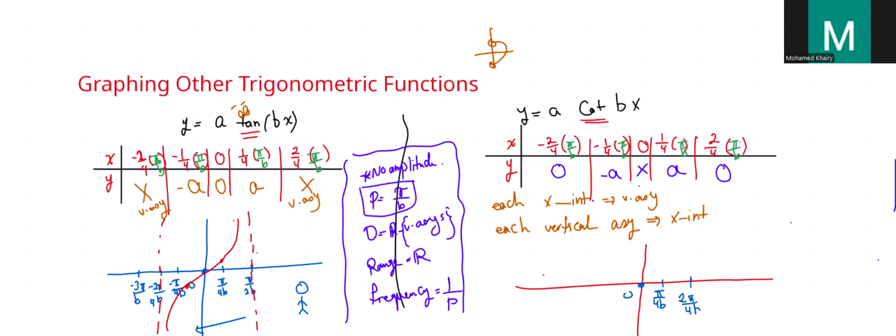Here also negative pi over 4b, negative 2 pi over 4b, and the same thing here. Okay, where is my vertical asymptote? Here we said it's going to be here. This is my vertical asymptote, as you can see.